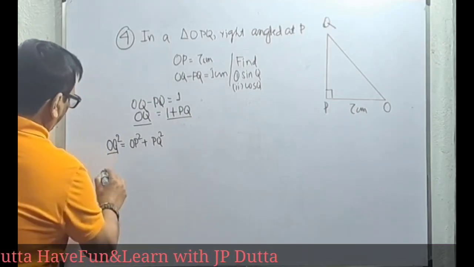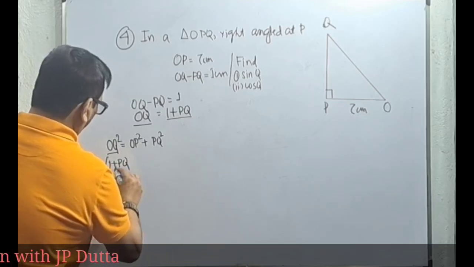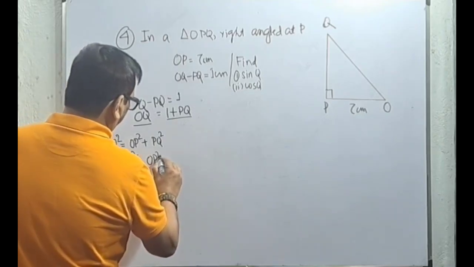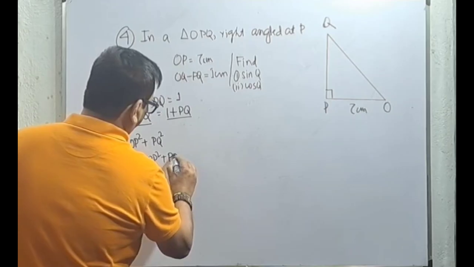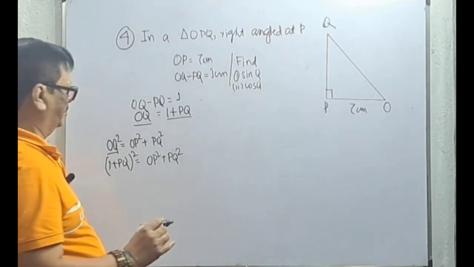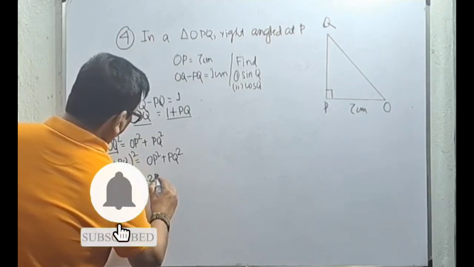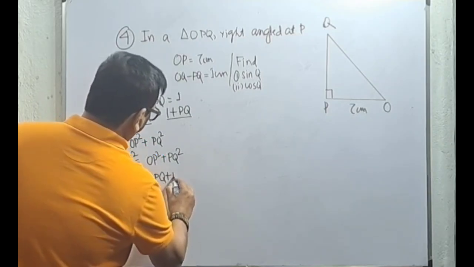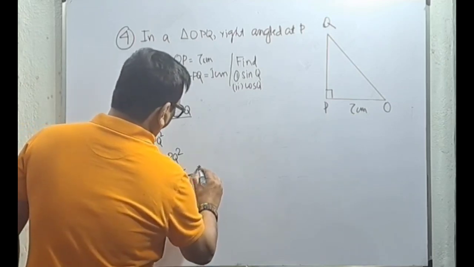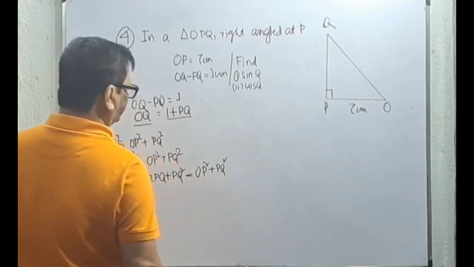We replace here. 1 plus PQ whole square is equal to OP square plus PQ square, right? We expand this one, A plus B whole square formula. So we get 1 plus 2 PQ plus PQ square is equal to OP square plus PQ square, right?